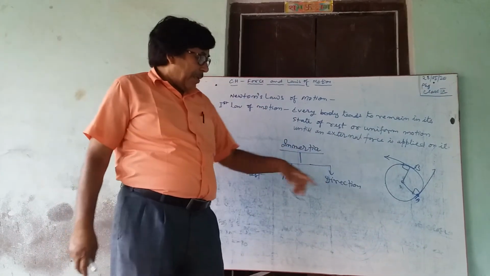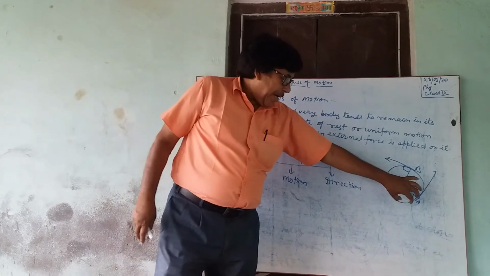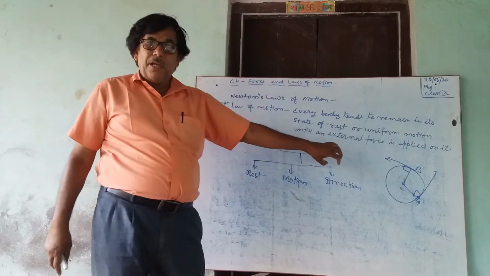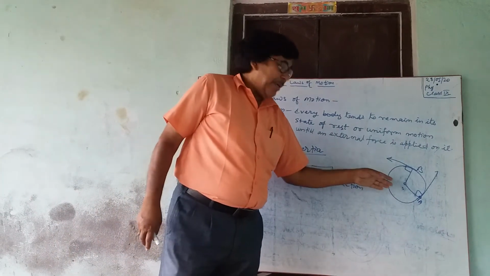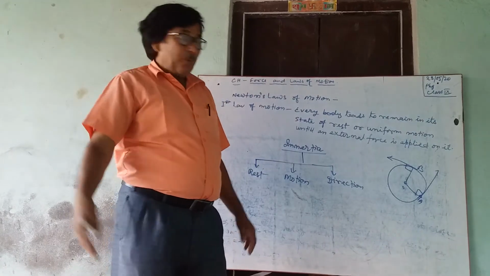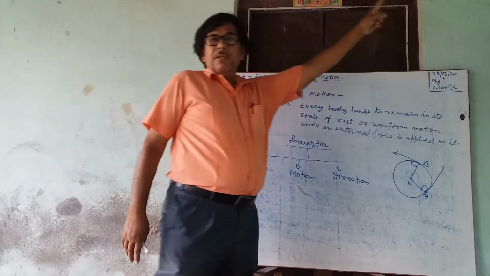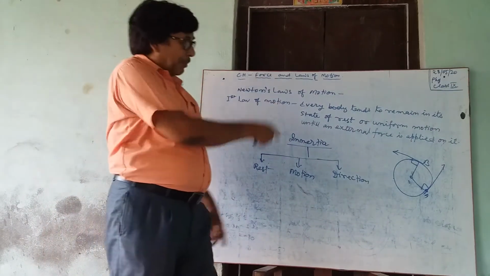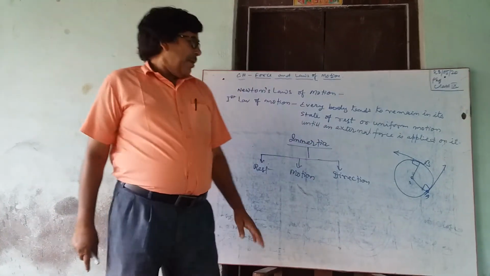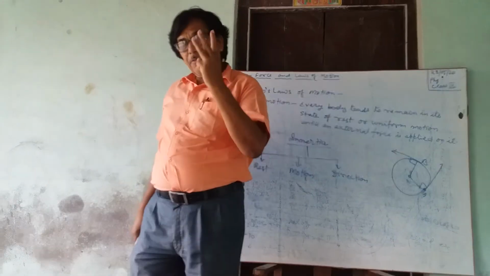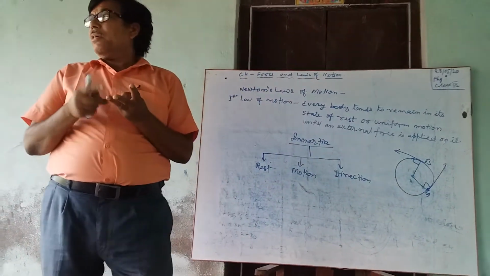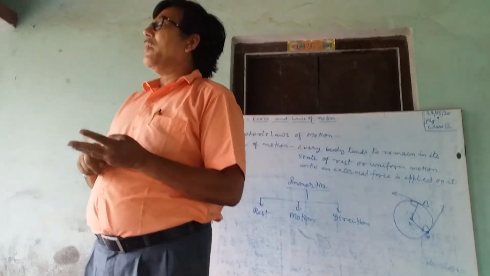This force may be centripetal force that brings the body towards the center of the circular path. This may be centrifugal force that tells the body to run along the tangent away from the circular path. Thus, inertia is of three types: inertia of rest, inertia of motion, and inertia of direction.